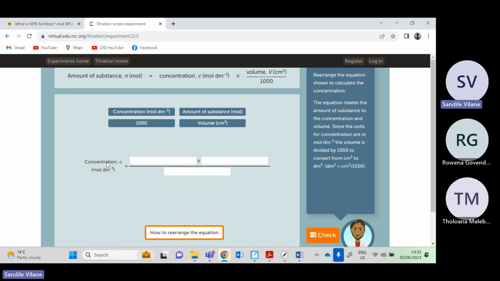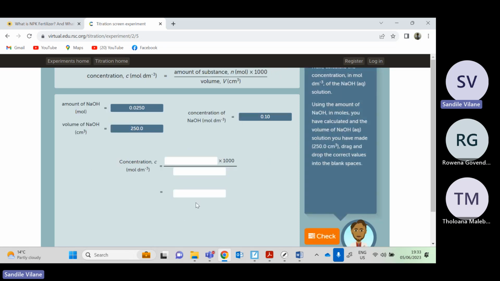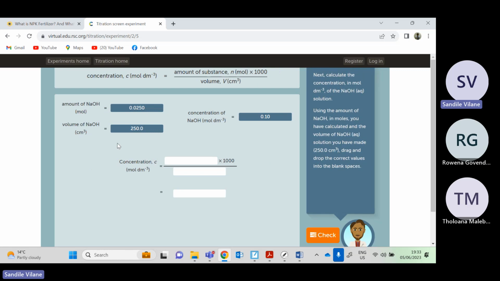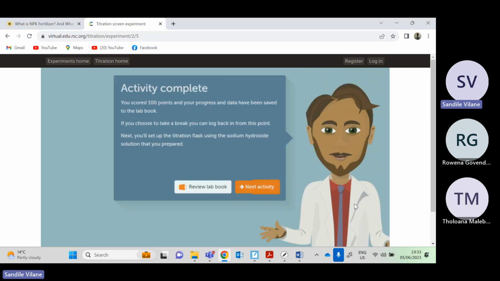Remember, concentration is number of moles, amount of substance in moles, divided by the volume in cubic centimeters, multiplied by that. And then let's check that. That is exactly correct. So now we have to calculate this concentration. And there is your number of moles, volume in cubic centimeters. And the answer is already given out. So you are working this out.